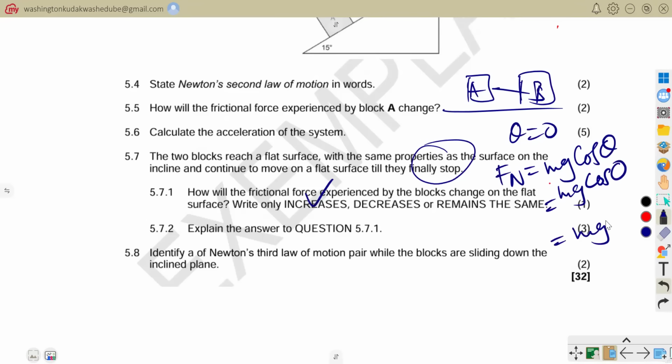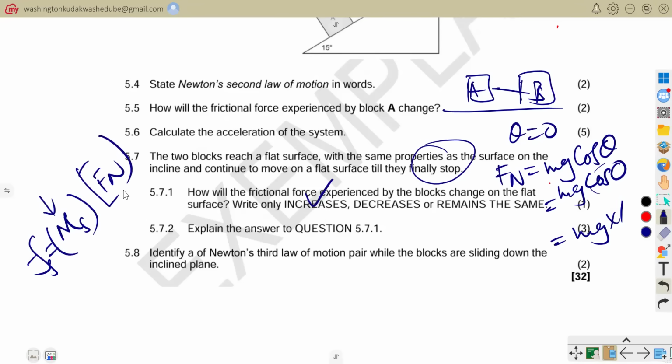So this is now equal to mg times 1, which is the greatest value of cos. Since the coefficient of friction remains the same, we bank on the normal force. So the normal force is going to increase, therefore the frictional force is also going to increase.